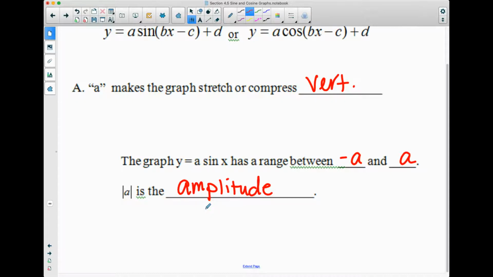Then y'all still circled the negative answer. Okay, so the absolute value of A is your amplitude. So when we were doing just sine and just cosine, technically there's a 1 in front of it, and that's why our amplitude was 1.